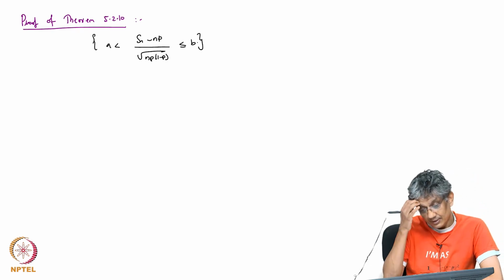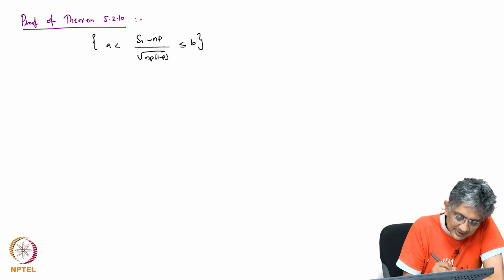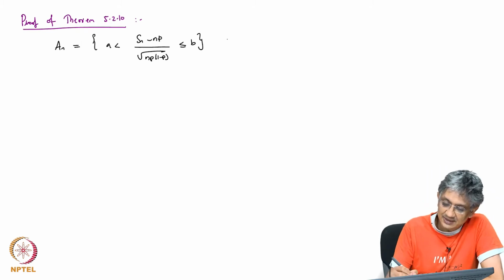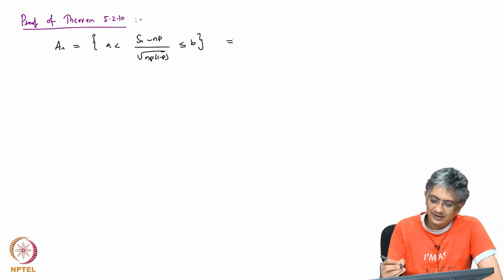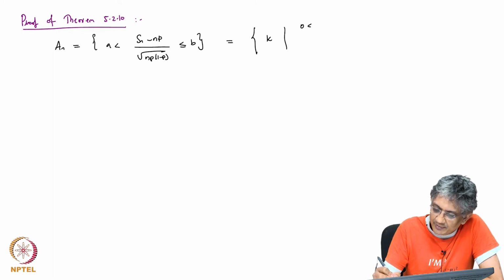Okay. I'll call this event A sub n, just for us. So what is this? It is the set of all k such that k is between 0 and n, because Sn takes values only between 0 and n.